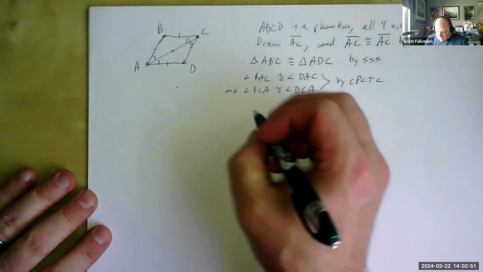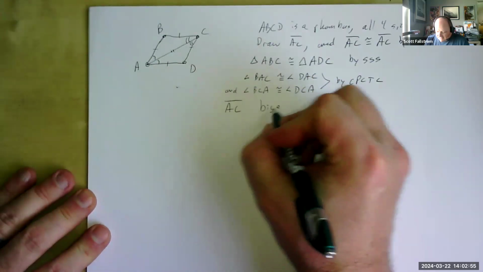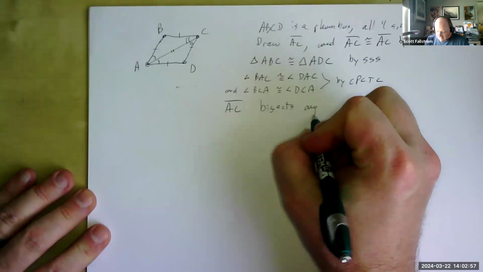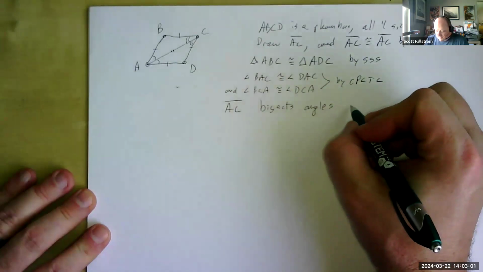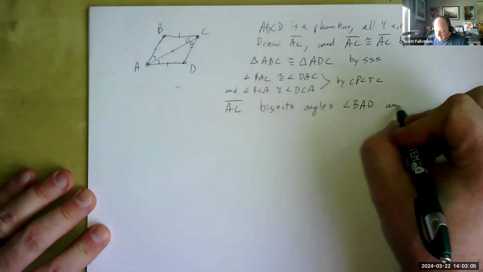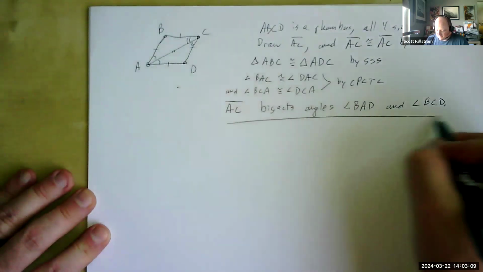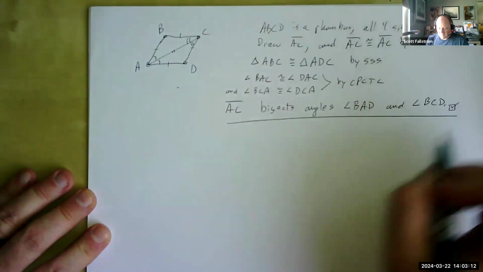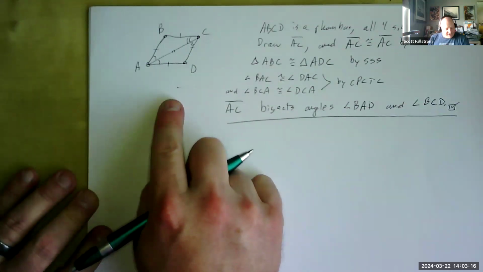So what that says is that AC bisects angles, big angle BAD and big angle BCD. Now, nothing about this proof is critical to the actual picture that I have drawn.